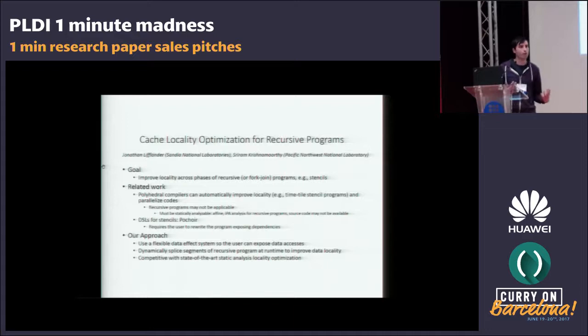And for recursive programs, it's a lot harder. You need IPA analysis. So in this paper, we look at a new approach that actually does this fully dynamically at runtime. So we have the user specify data effects and then use that to dynamically interleave recursive programs to accrue significant locality benefits. And we find this is competitive with other strategies.